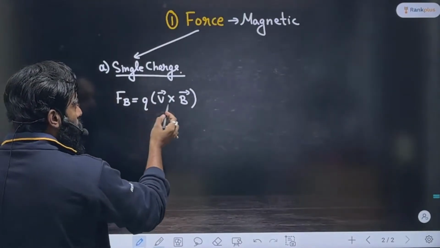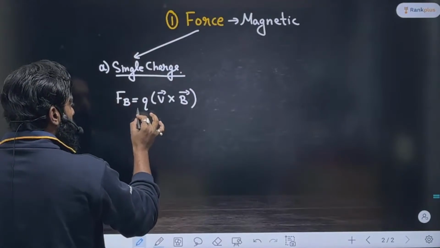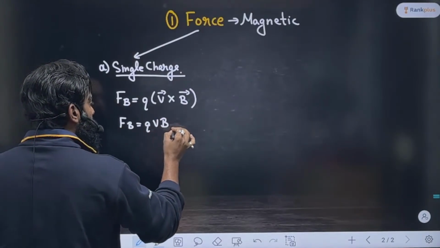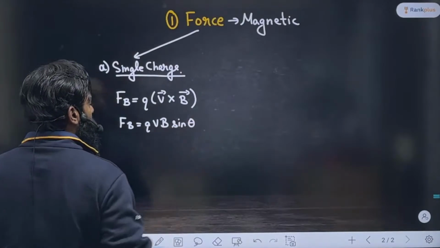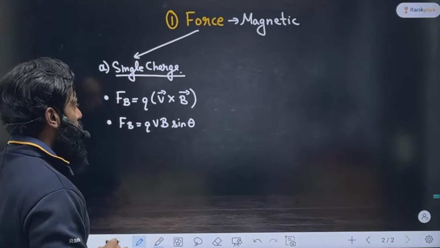Then you have to do the cross multiplication. So this is one of the methods. Other than that, if you open this, you will get QVB sine theta. So this is also one of the formulas which we have.